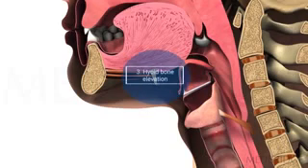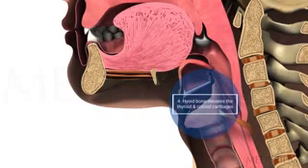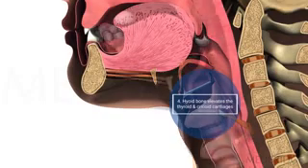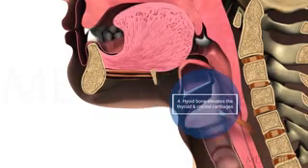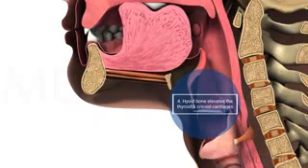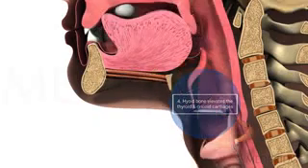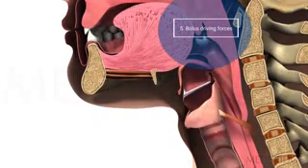Number 3, because of its connections to the thyroid and cricoid cartilage in the laryngeal region, the whole laryngeal complex is elevated, and that whole activity, in addition to the force and the size of the bolus itself, extends the opening of the UES.